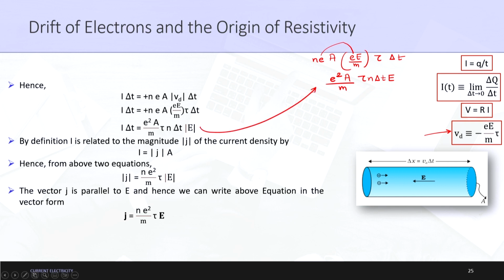Okay. Now, by definition I is related to the magnitude |j| of the current density.